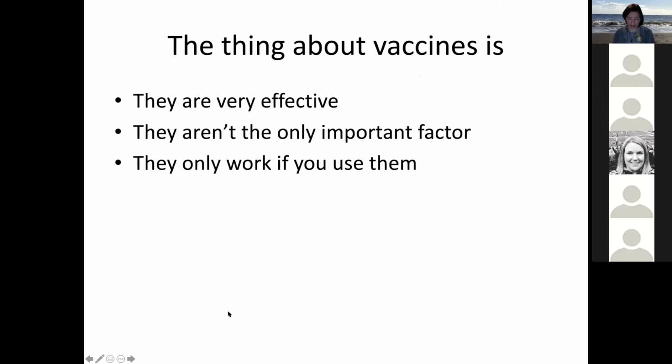We talked a little bit in epidemiology about the importance of vaccines and their relative importance, right? They are very effective. In epidemiology, we talked about how they're not the only important factor. If you're going into a place where you have to start from scratch, besides medical interventions, what kinds of things would you want to make sure people have access to if you're trying to reduce the spread and impact of infectious disease?